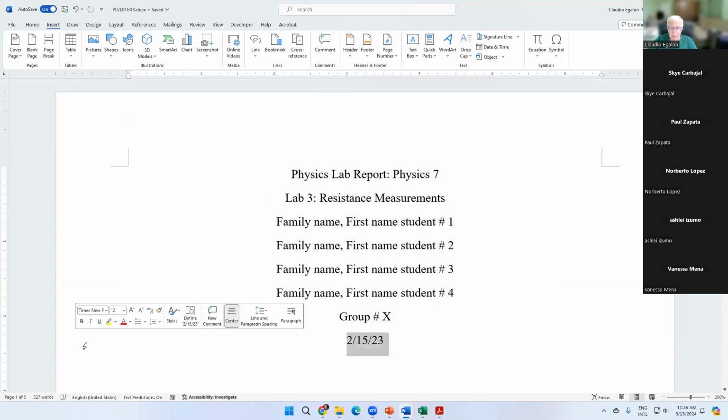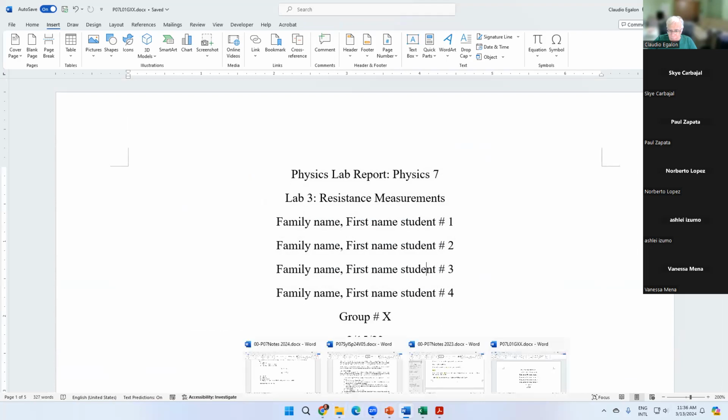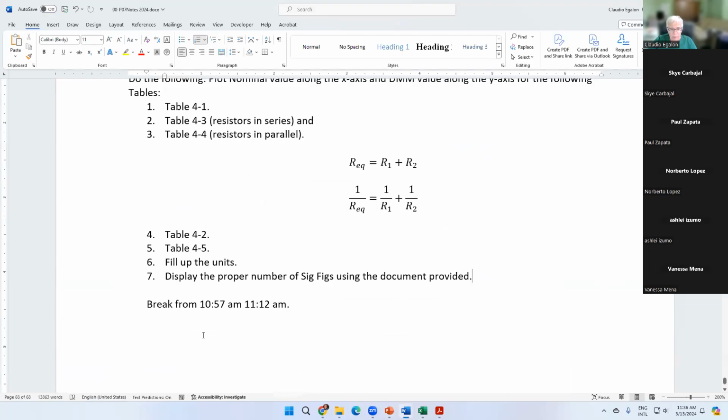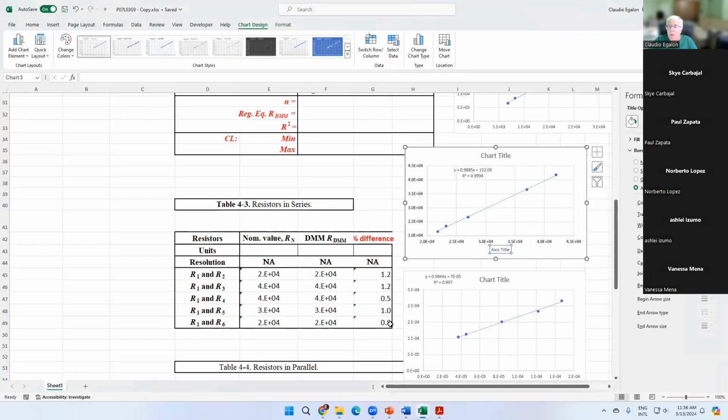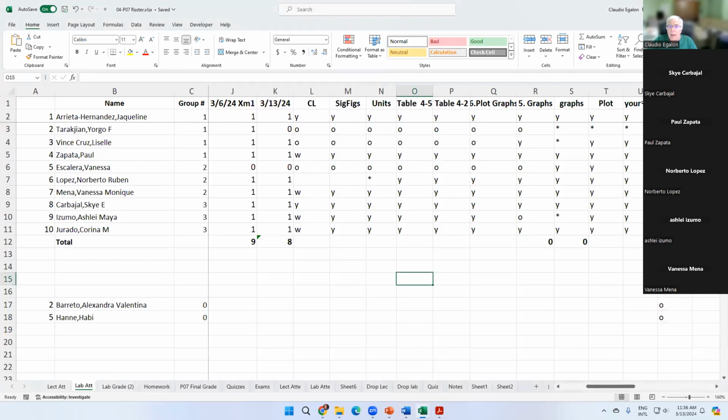The date that we did the activity. Okay. And the next lab report is going to be due. Let's go. Here you go. Display proper significant figures. What else? Fill up the units. And CL.